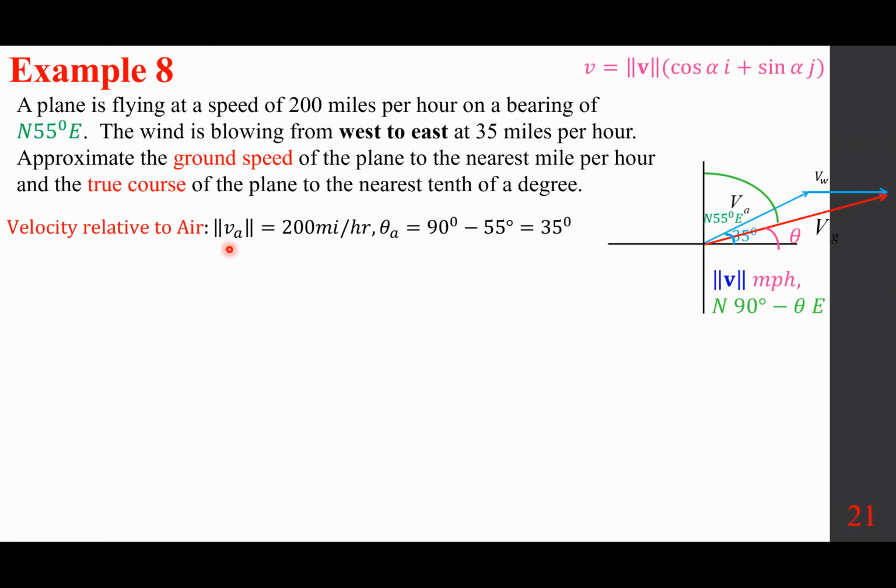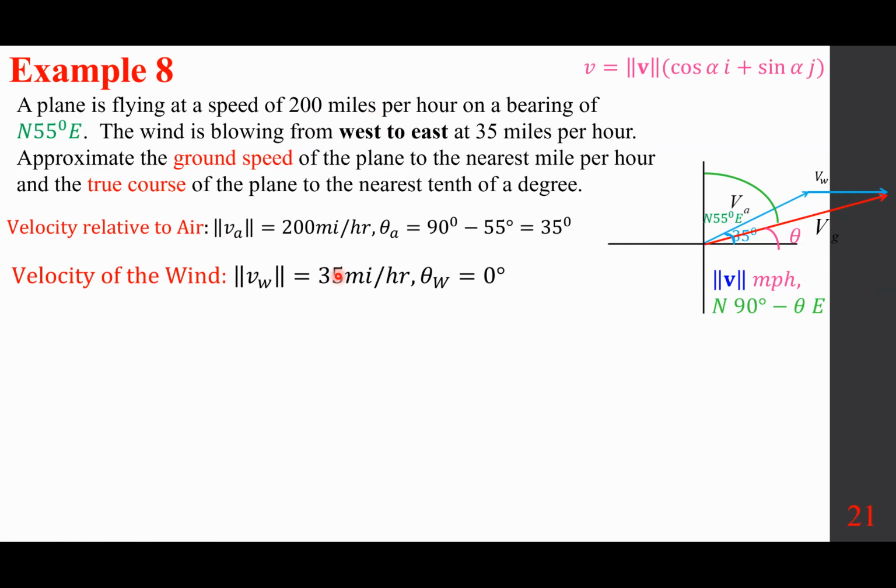Velocity relative to air, we call it V sub A. The magnitude is 200 miles per hour. And the angle it makes with the positive side of the x-axis is 90 minus 55, and that gives us the 35 degrees.